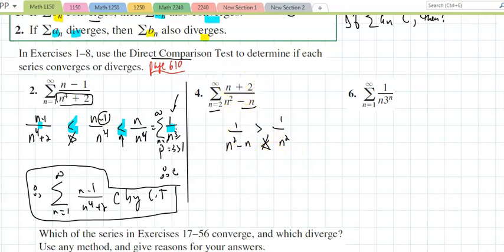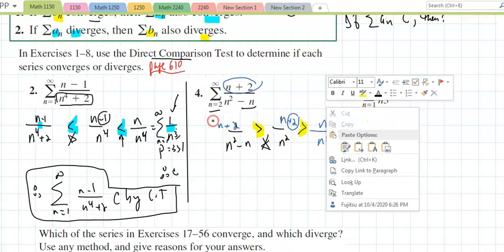Now if I tag the rest, that is, if I tag the n plus 2, and get rid of that 2 if I can, if I get rid of the 2, the denominator is the same. Which is bigger? Isn't this bigger than that? So you want the inequality to match. And it does match.